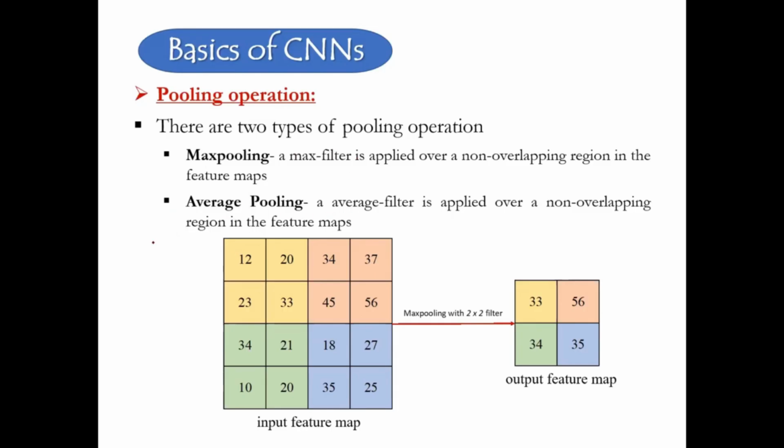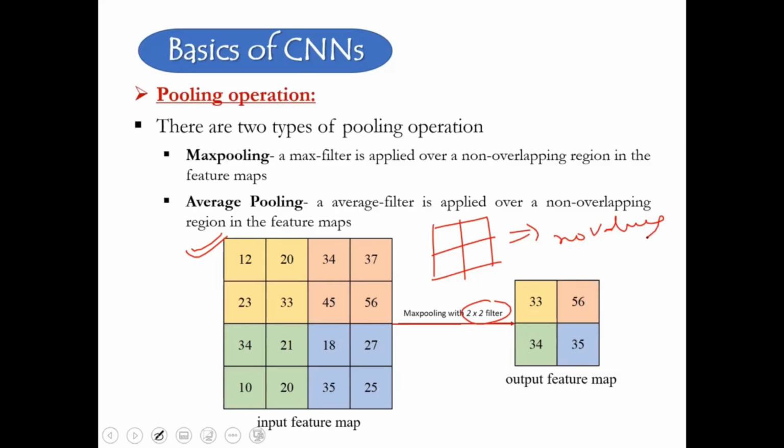So suppose this is one particular feature map that is encountered here. Now we will apply max pooling with a 2x2 filter. As we said earlier, the kernels in the convolution have values, but the kernels or filters in max pooling have no values.